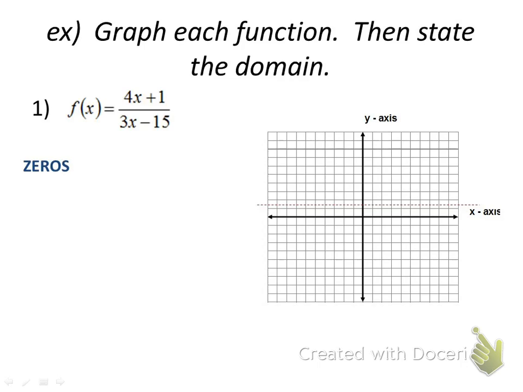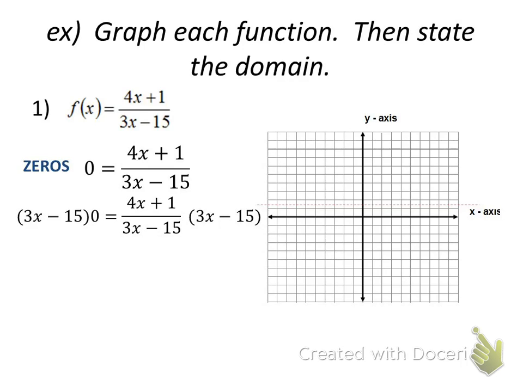First thing up is how to find the zeros. When we found the zeros, we set the equation equal to 0. So multiply both sides by the denominator. On the left side, we get 0. And on the right side, multiplying by 3x minus 15 undoes the dividing by 3x minus 15.